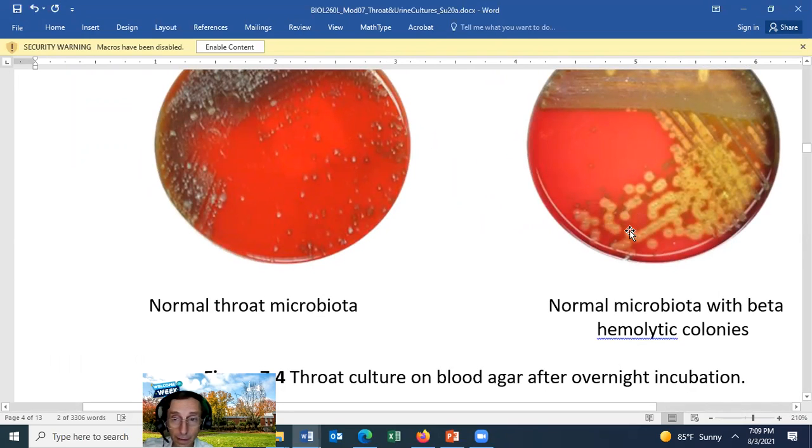And this right here is beta hemolysis, where we have the bacteria, which is the white circle right there, and it's surrounded by a zone of complete hemolysis, which is very clear. So there's the bacteria, and there's the clear hemolysis of the blood. Any question about any of that?